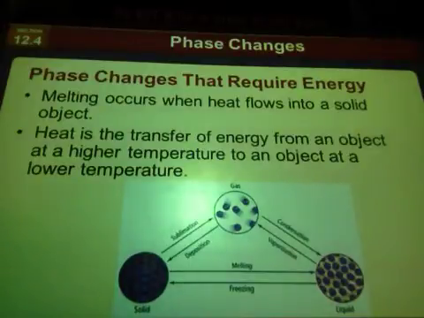Now, when this heat is brought into the ice cube, when we're transferring heat into the ice cube from the liquid water, what's happening is that we have a disruption of the hydrogen bonds. And I can have hydrogen bonds in water because those hydrogen atoms can interact with the oxygen atoms of another molecule.